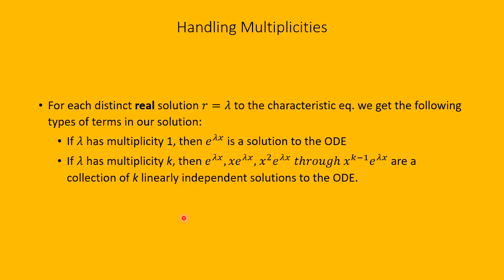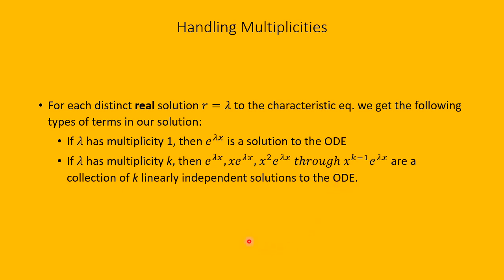If we had lambda being a double root, the multiplicity would be 2. You can also have a triple root or more. If lambda has multiplicity k, then e to the lambda x, x e to the lambda x, x squared e to the lambda x, through x to the k minus 1 e to the lambda x are a collection of k linearly independent solutions to that ordinary differential equation.